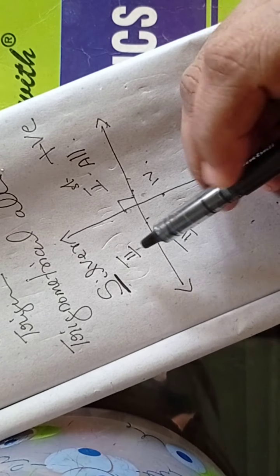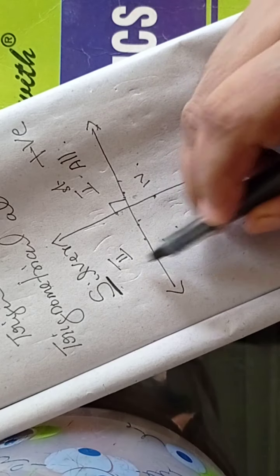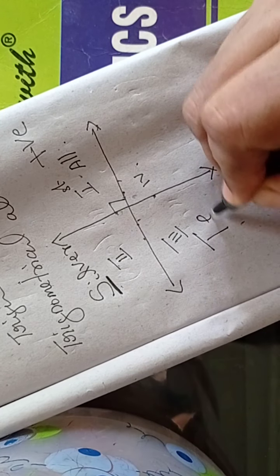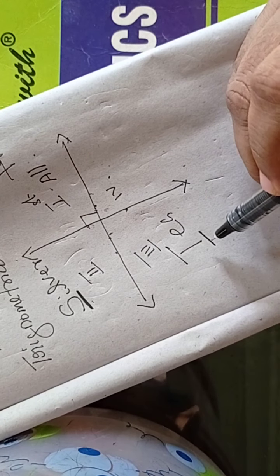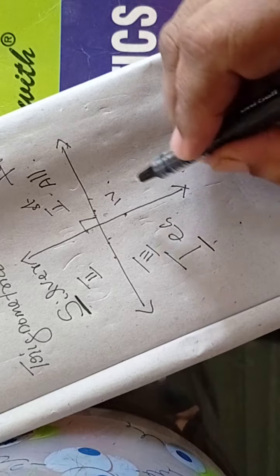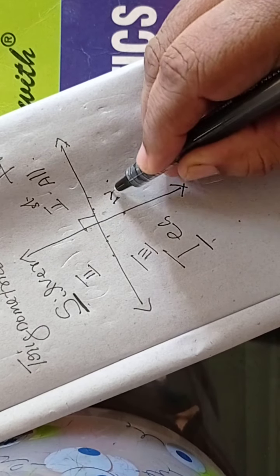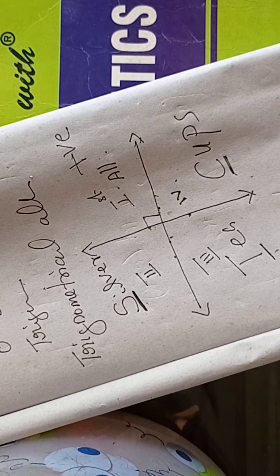We know that sine and cosec are reciprocal relations. And in the third quadrant, tan and cot are positive. And in the last, fourth quadrant, cos and sec are positive.